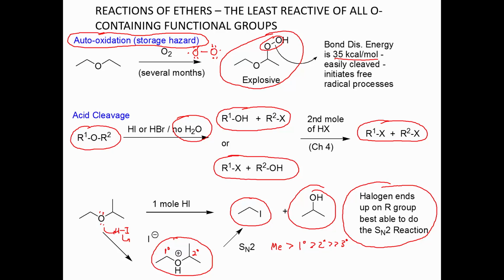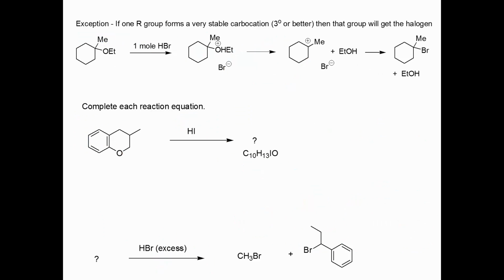So the SN2 reaction is going to favor displacing the group off of the primary carbon. So I minus does so, and that gives us the ethyl iodide. The only exception to this rule is if we have an exceptionally stable carbocation intermediate, and then we're going to see an SN1 mechanism take over.